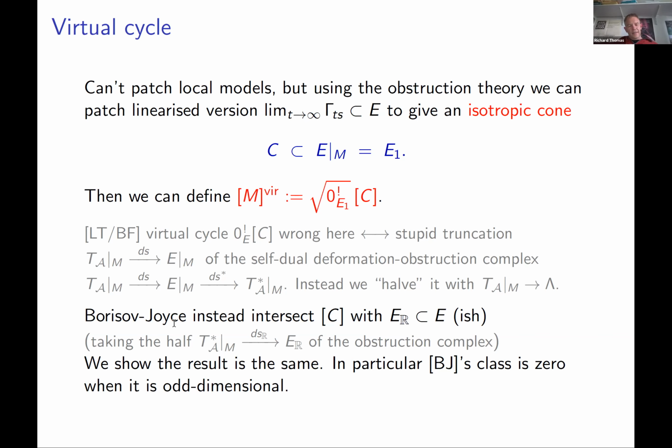It is, this Borisov-Joyce, they define a derived structure on the moduli space using this projection of the section to the real subbundle. So in some real sense, the answer to your question is yes for Borisov-Joyce. For us, maybe, I don't know. Okay, thanks. It's a good question, I wonder.